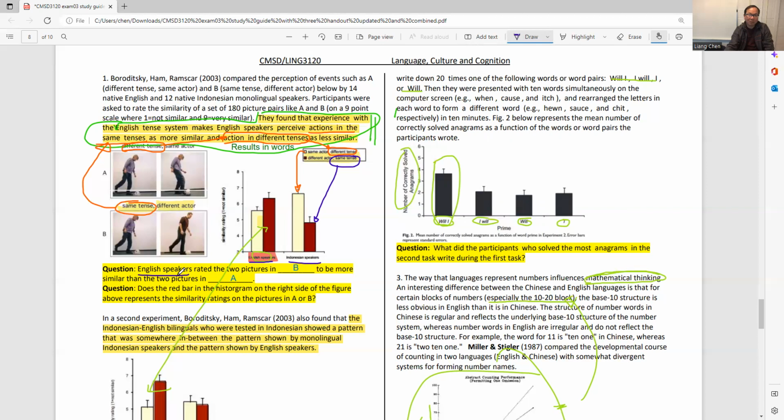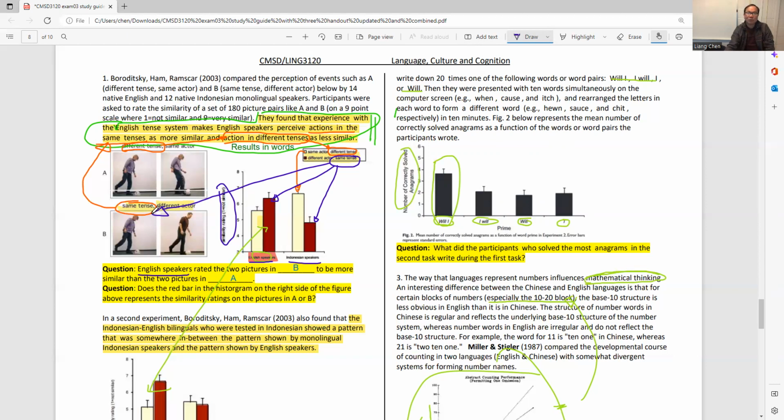So these are the similarity ratings. The higher the number, the more similar. So this refers to what? This is same tense. Same tense is A or B? B, right? So English speakers rated the two pictures in B to be more similar than the two pictures in A.